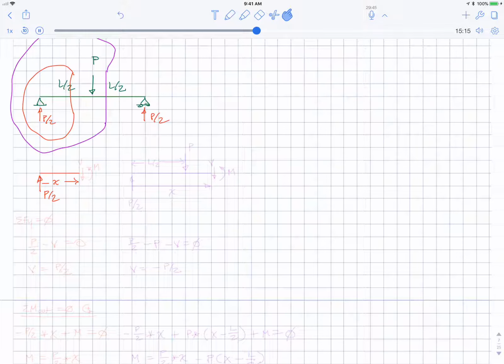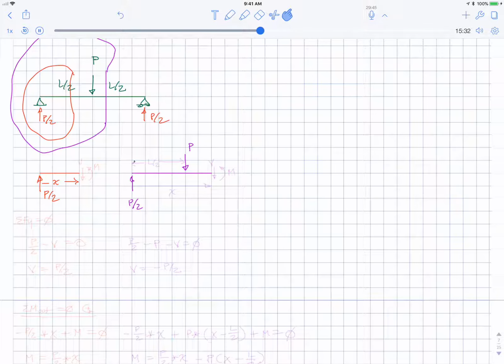So let me draw the purple free body diagram. We've got something like this. We have, in the purple, we still have this P over 2, but now we have this P in here.